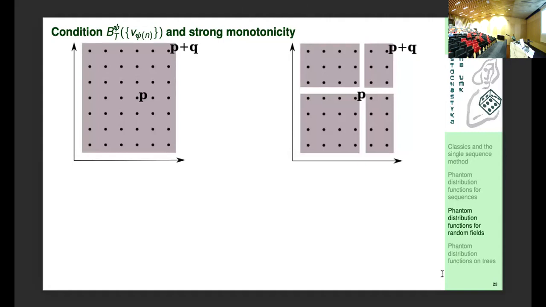We have some point here, P plus Q. So we can break this rectangle into 4 rectangles, and they have to be asymptotically independent in the sense that the maximum over this rectangle should be broken into a product of 4 maxima, 4 in case 2, of course 2 to the power d if the dimension is high.